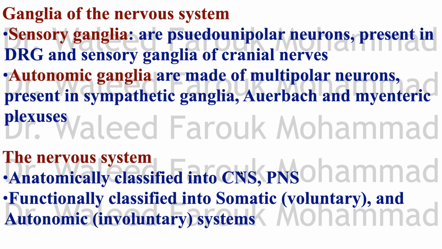These nerves, whether they are somatic or autonomic, are classified as peripheral nervous system. Functionally, the classification is into somatic, voluntary, and autonomic, which is the involuntary system.